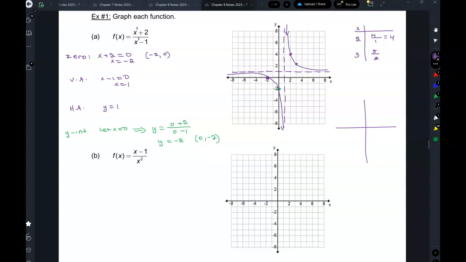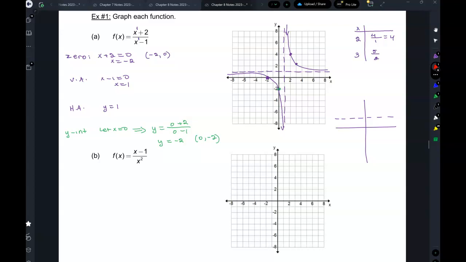However, if you have a horizontal asymptote, that's not necessarily the case. Horizontal asymptotes mathematically only take effect at the infinities, at the far right and the far left.